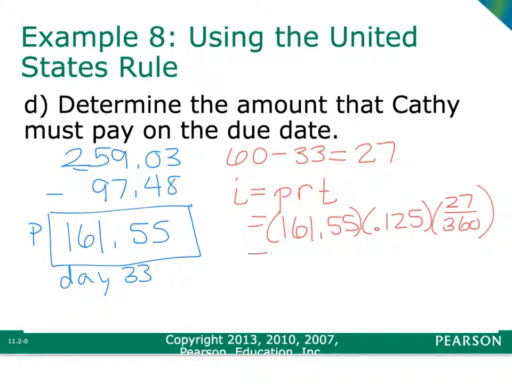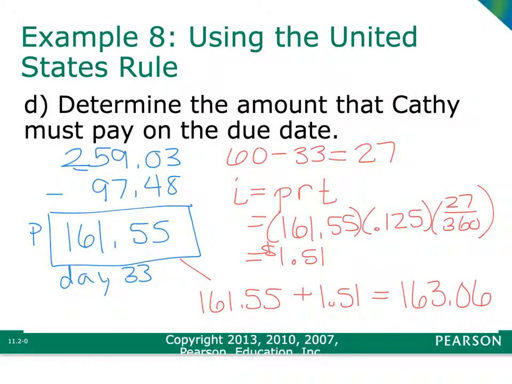The calculator is going to tell us that we owe another $1.51 in interest. So when she goes to pay off the loan, she has to take the $161.55 left in principal plus the $1.51 extra in interest, and she's going to add those together, and she is going to pay the bank $163.06.